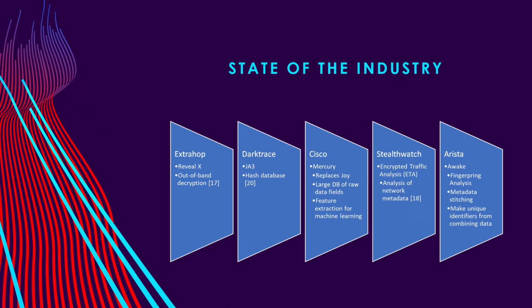So these are some of the companies that have been using machine learning and their respective products. We have ExtraHop, which has Reveal X that uses out-of-band encryption. Darktrace has GA3, which uses a hash database.